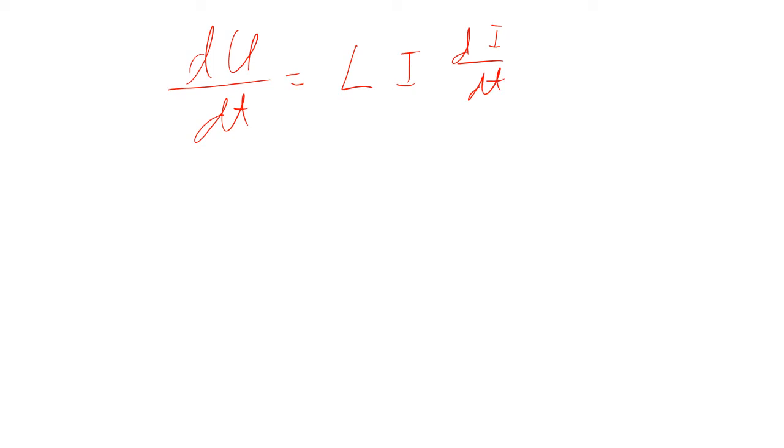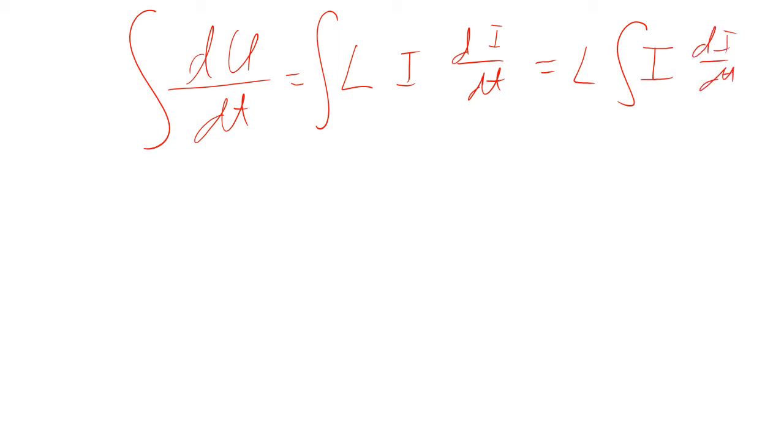If I want to find the amount that's actually stored, I just take the integral of both sides. Since the inductance is constant, we have the integral du equals L times the integral of I di.